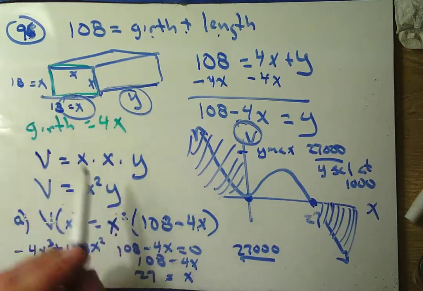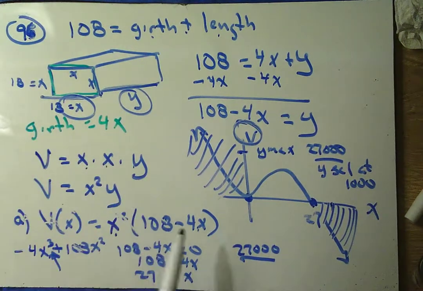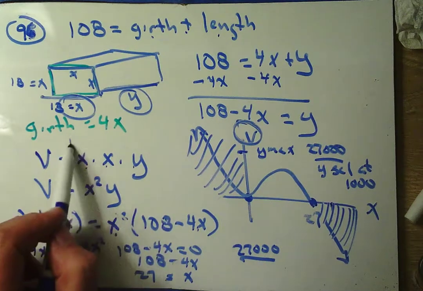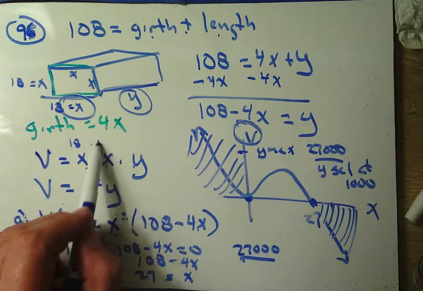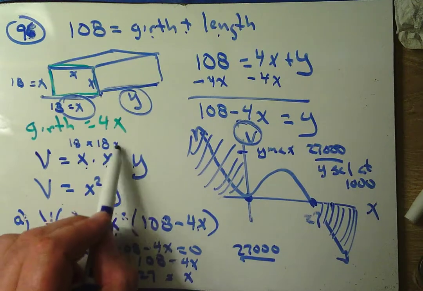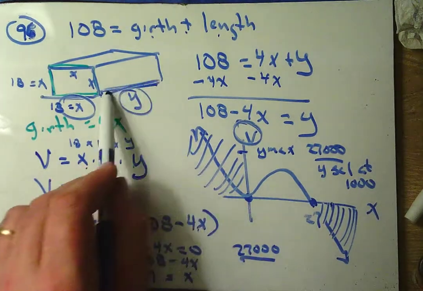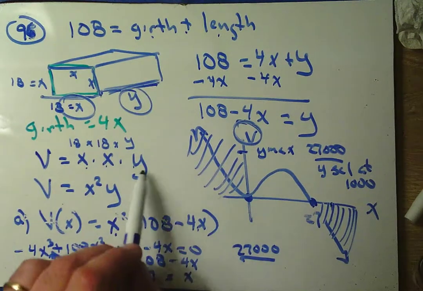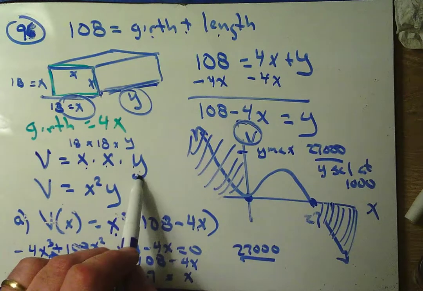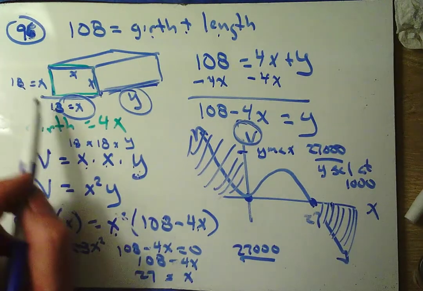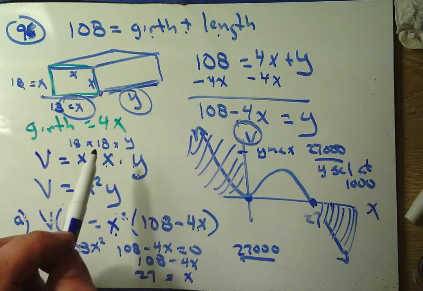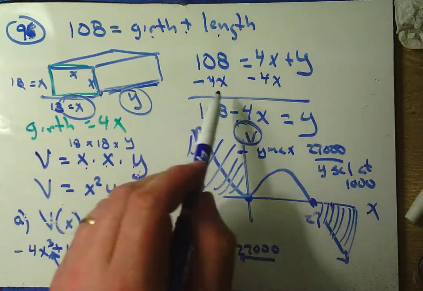But our dimensions are length times width times height. I know these are 18. But what's this? How long is that? How can I find how long y is if I know that x is 18? Well, conveniently, you've already done that.